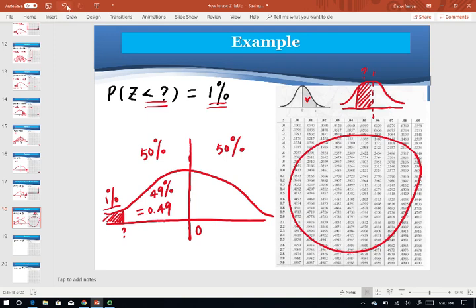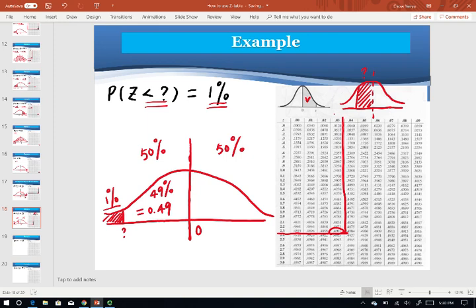Equals 0.49, which means in the body the probability is 0.49, and we need to figure out which row and which column. So we look at the z-table. The closest one to 0.49 will be this number. So which row? 2.3. And which column? 3.